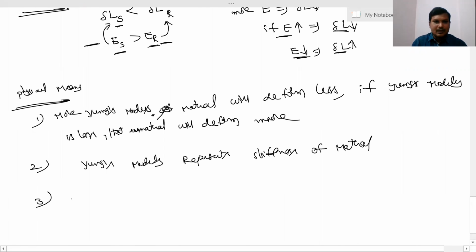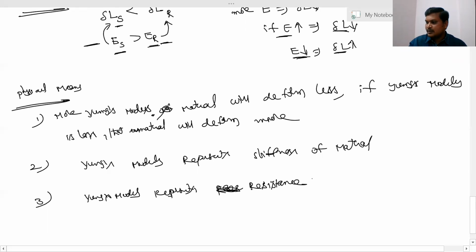And another physical meaning is that Young's modulus represents the resistance offered on an axially loaded member.